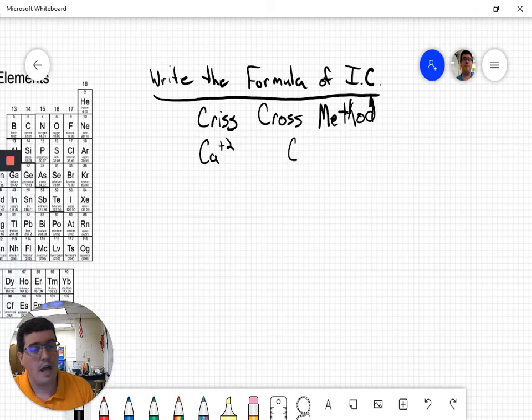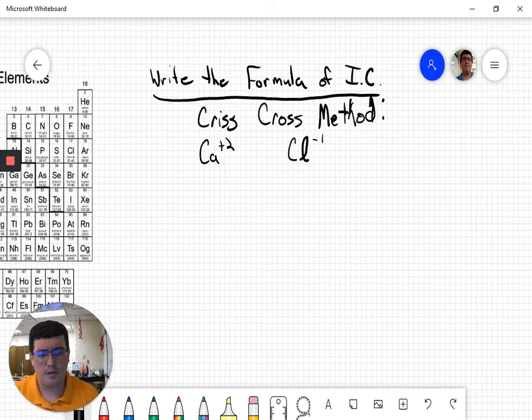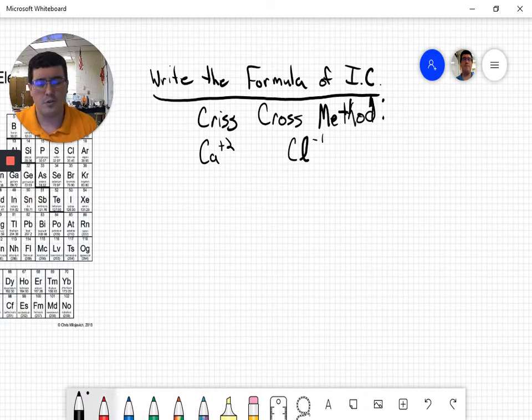Chloride is Cl with a -1 charge. So if I have two ions and I want to know what ionic compound these guys are going to make, I would follow the Criss Cross method. And it is a 3-step process, though we might only go through 2 of the steps right now.